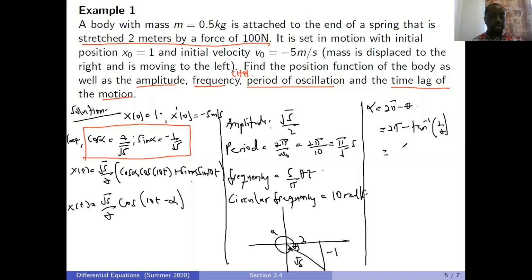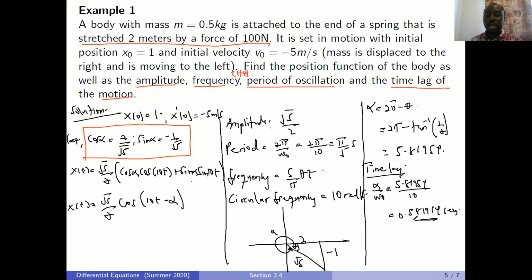So this gives me an alpha of 5.81954, right? And so now I can define my time lag as alpha over omega 0, which is 5.81954 over 10. So this is 0.58195 seconds.